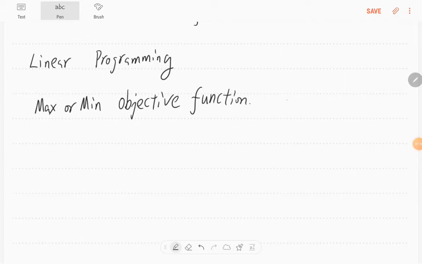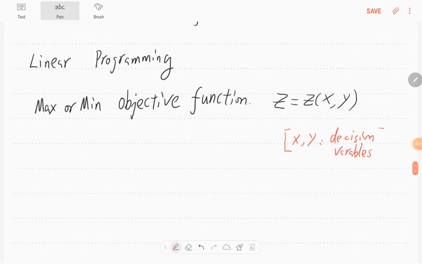The objective function is always written as z equals a function of x and y. Here, x and y are called the decision variables, which you need to introduce by yourself.